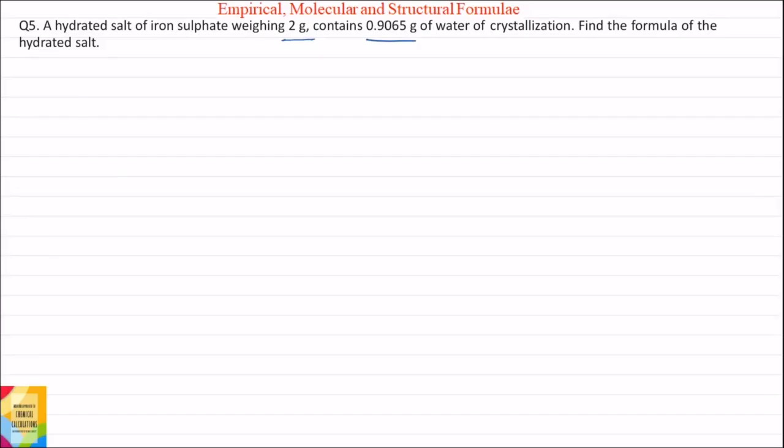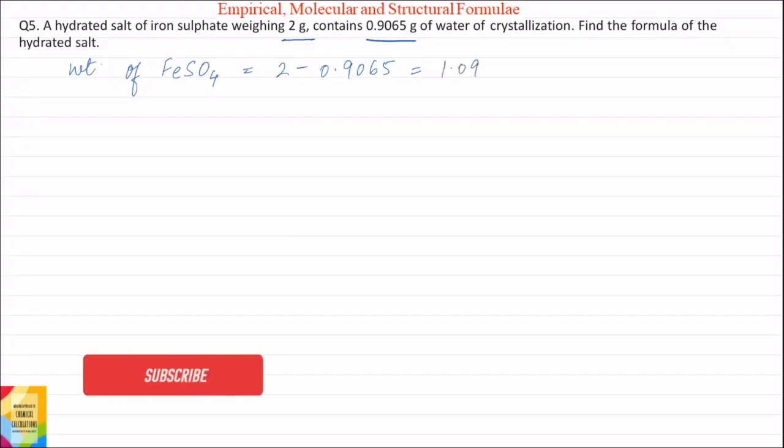Therefore, weight of FeSO4, that is the salt without the water of crystallization, will be equal to 2 minus 0.9065, and this is equal to 1.0935 gram.